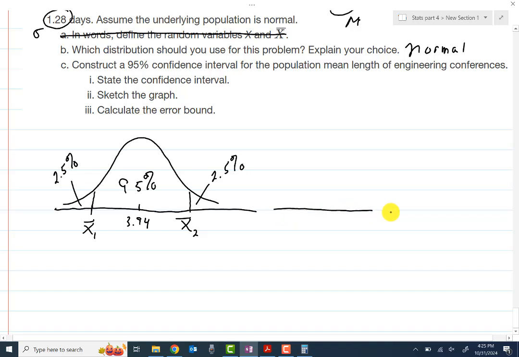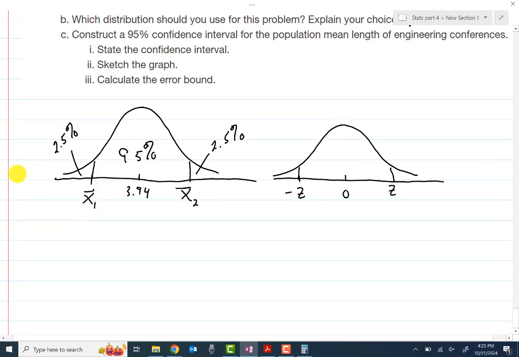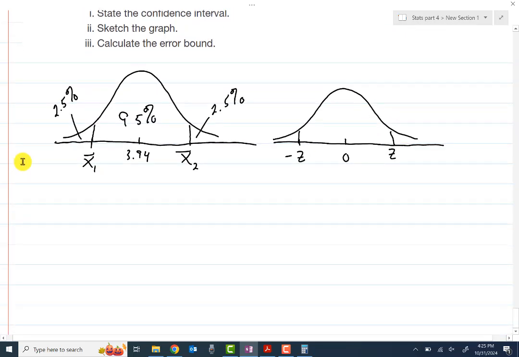So the first thing you do is get the z values so you can work your way backwards. Fortunately, in here, it works really nicely. You're going to have a negative z and a positive z. So, and the 95% will be in here.